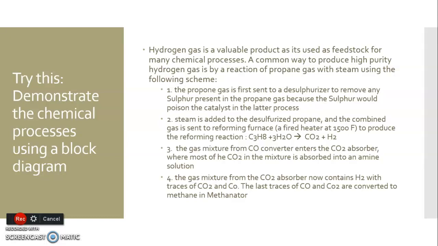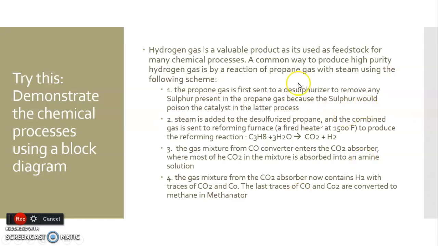Let's say in the final exam or in the test, you are given this kind of chemical process that you have to convert to a block diagram. So first you have to read the question or chemical process description carefully.